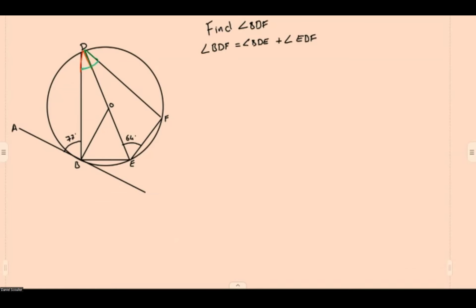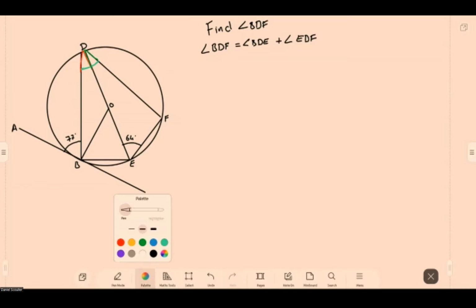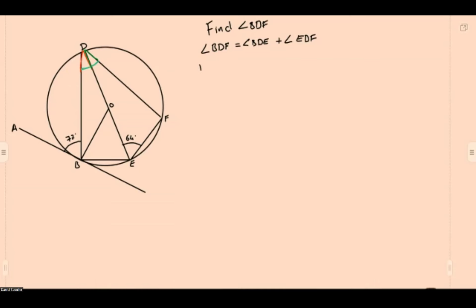Now, we've got the diameter D to E. D to E is the diameter.